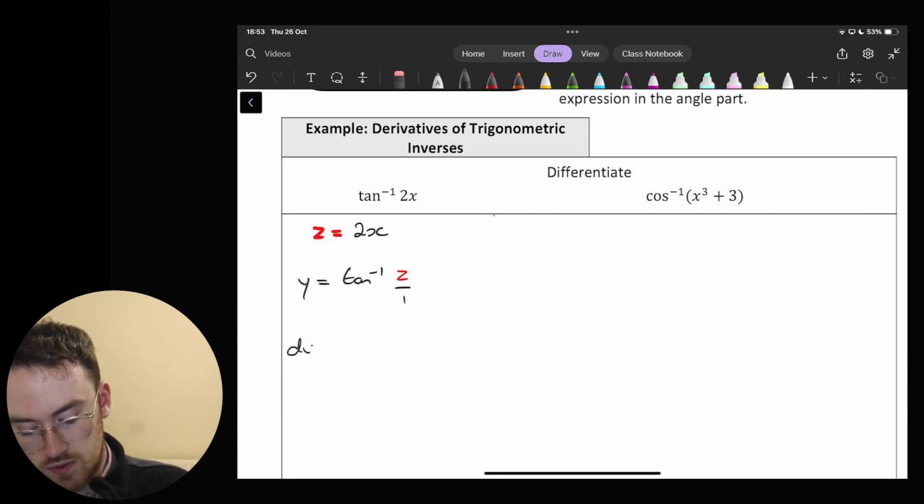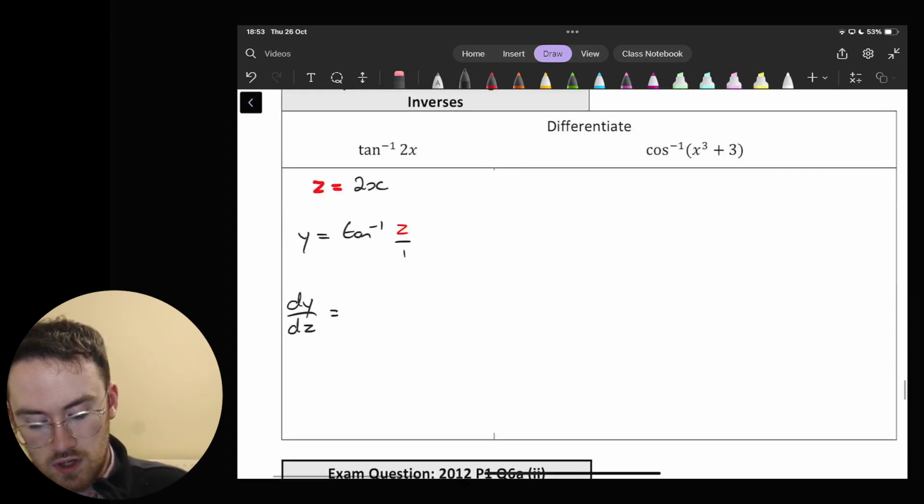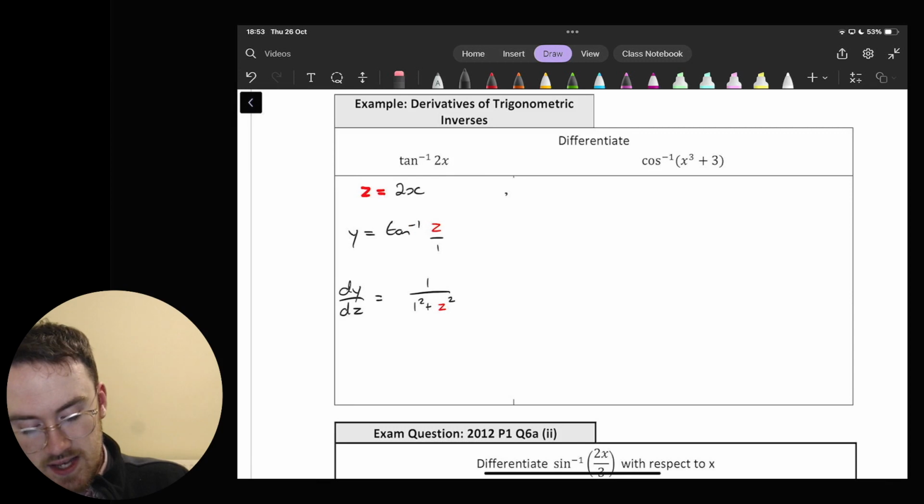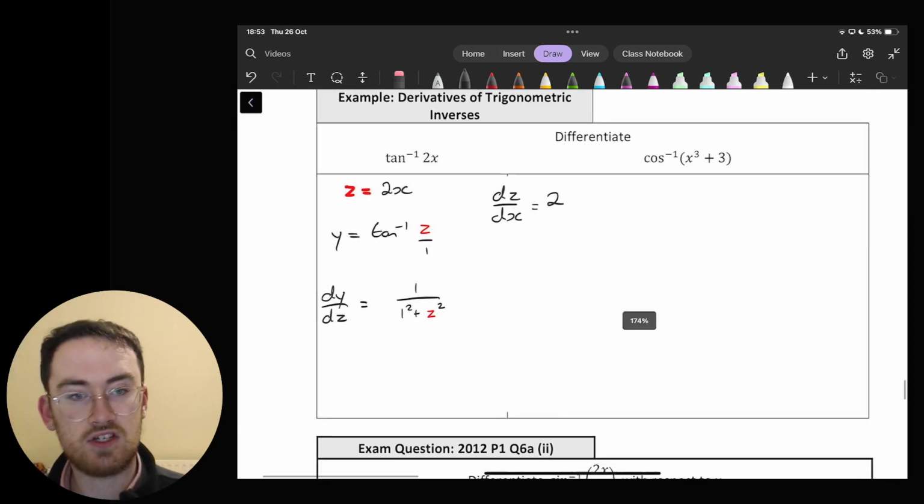So dy dz, looking back up at my rule, is going to be 1 over 1 squared plus z squared. I'll fill that in red there just to remind us to sub that back in. And dz dx is just going to be 2.